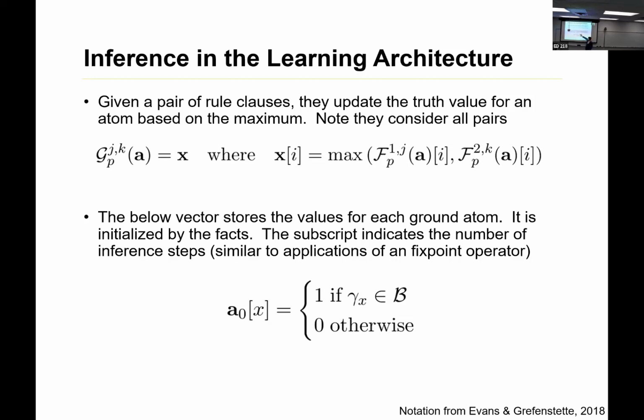So this is where it started, and this is what happens when, for 2 rules, the output is applied. Notice that JK pair.